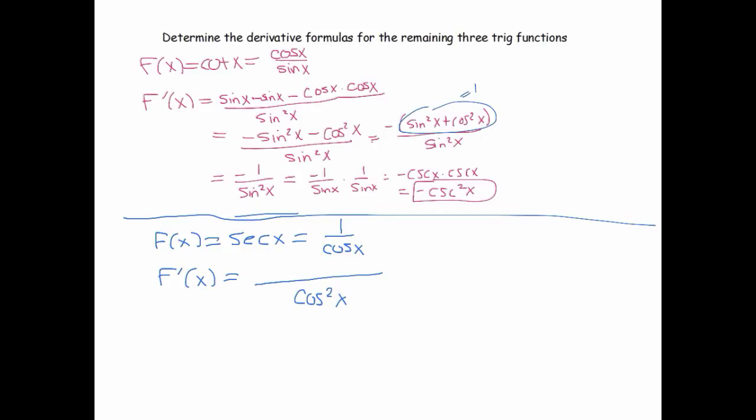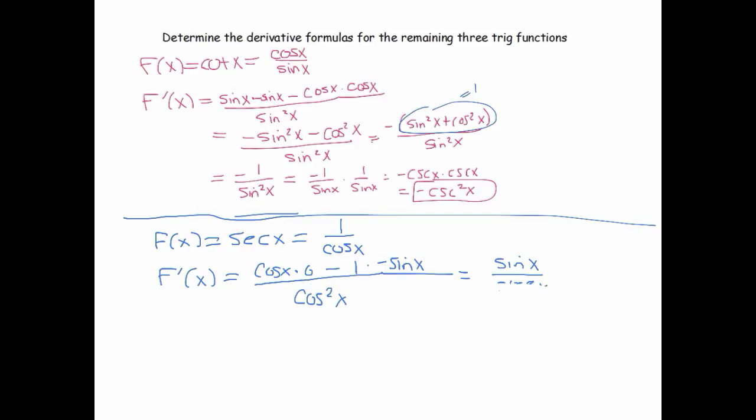And what I mean by nicer is that the derivative of the top, the derivative of 1, is 0, so that's going to make something go away. Cosine of x times the derivative of the top, which is 0, minus the top times the derivative of the bottom, which is negative sine. And so we end up getting sine of x on the top after you simplify, divided by cosine squared.